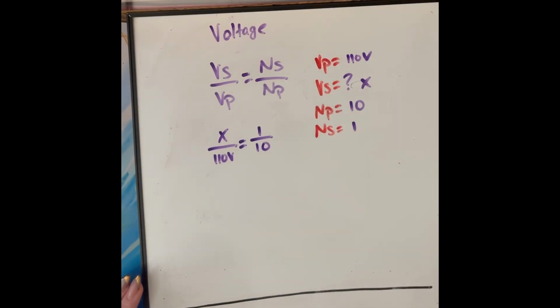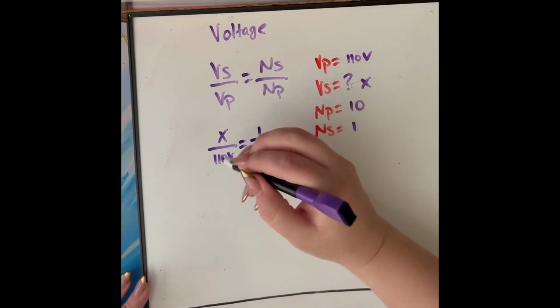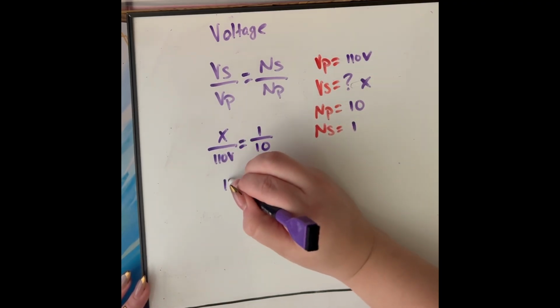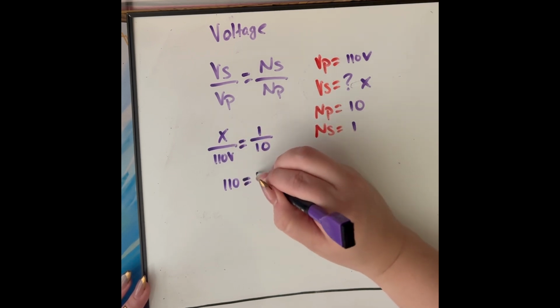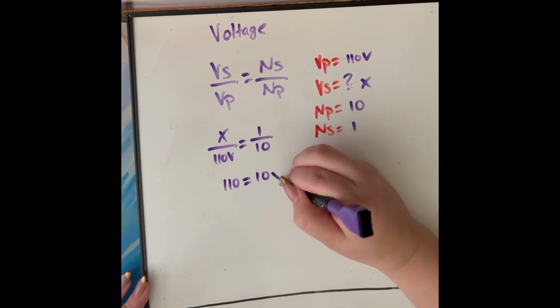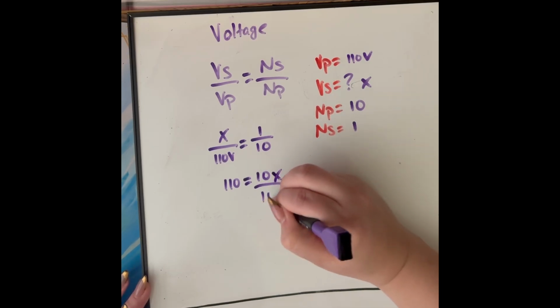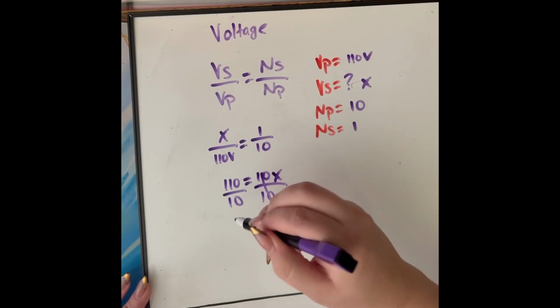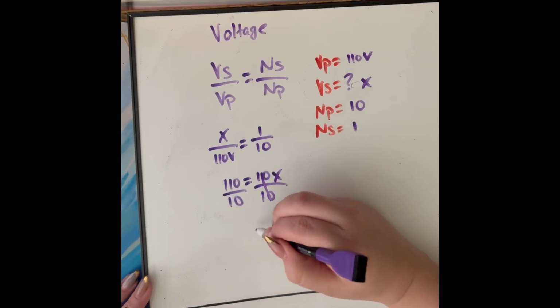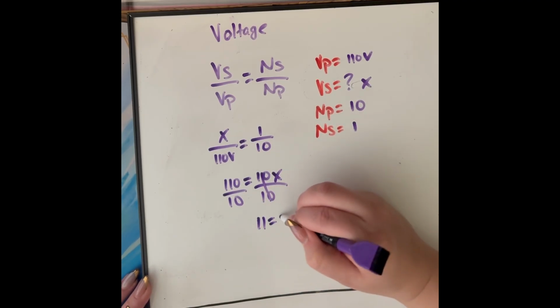Now we're just going to do a little cross multiplying. 1 times 110 is 110. 10 times x is 10x. And we're going to divide both sides by 10, so 110 divided by 10 gives us 11 equals x.